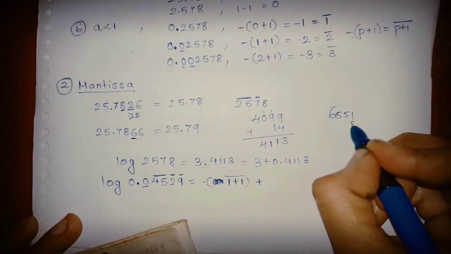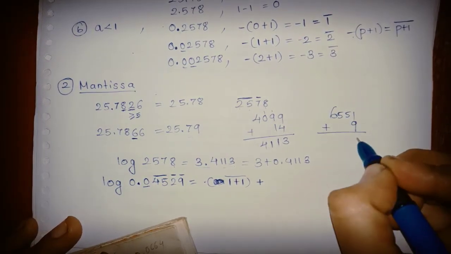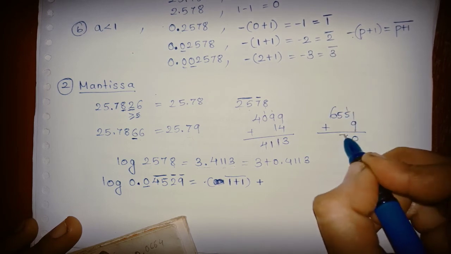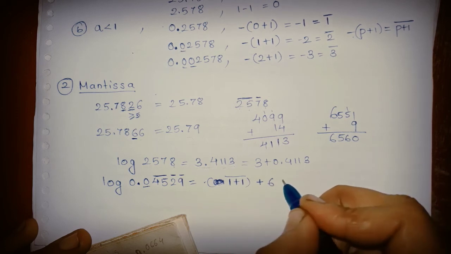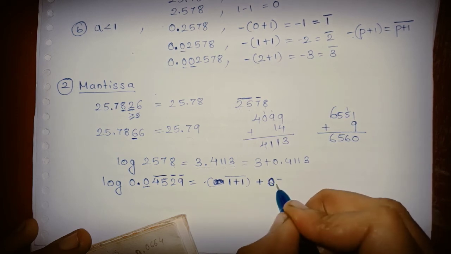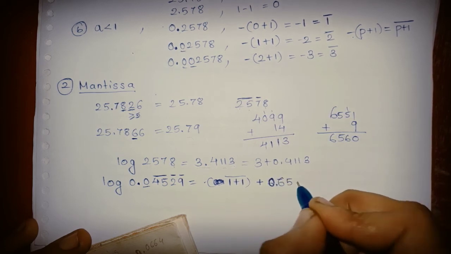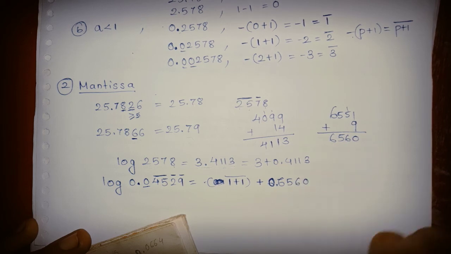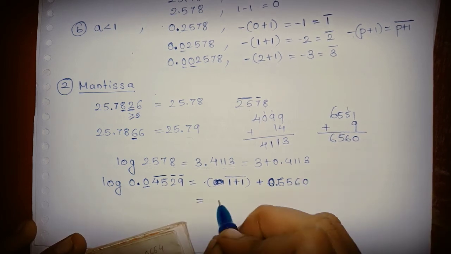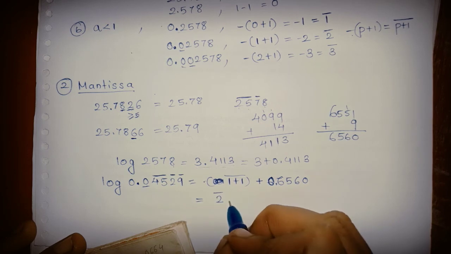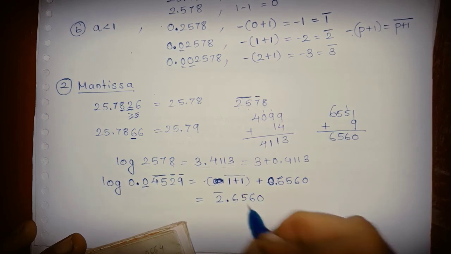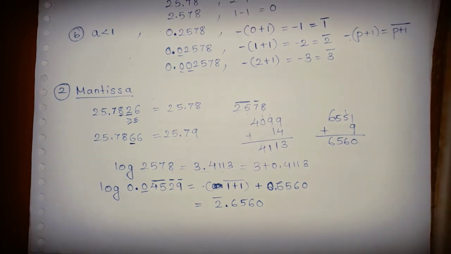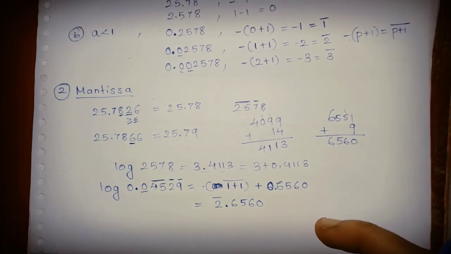So add that 9, so 6560. This is your mantissa, 0.6560. So your number becomes 2 bar point 6560. This is your log of 0.04529.